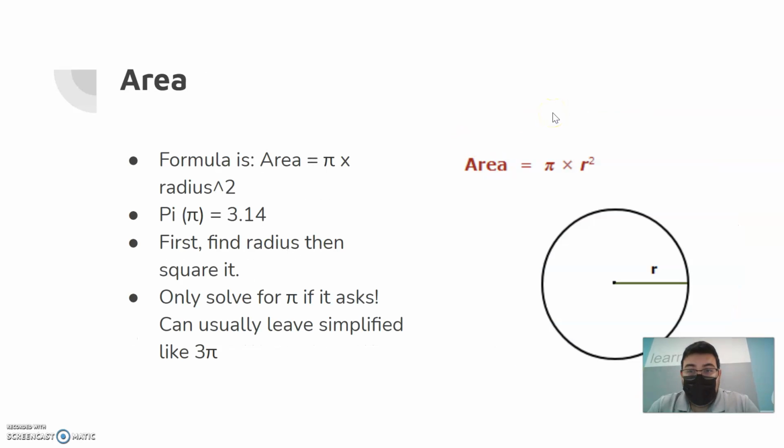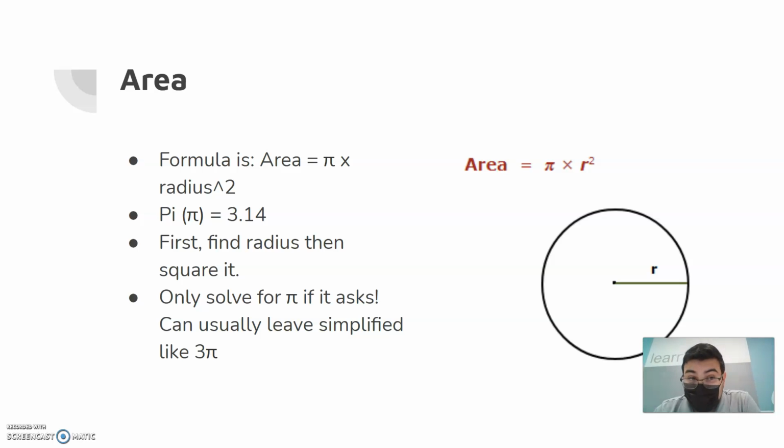So knowing what a radius and diameter is, we'll be able to at least calculate the area of a circle. The formula for the area of a circle is pi r squared, which is just pi times radius to the second power. Pi always equals 3.14.